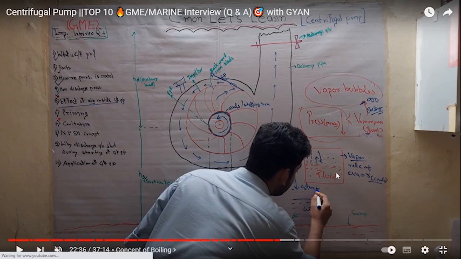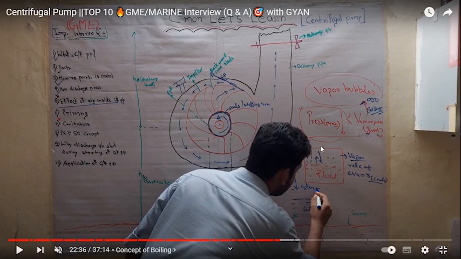the fluid starts increasing. At the time when it touches 100 degrees Celsius, the vapor pressure of the fluid overcomes the pressure of the atmosphere. It becomes greater than 1 atmospheric pressure, 1 bar pressure.